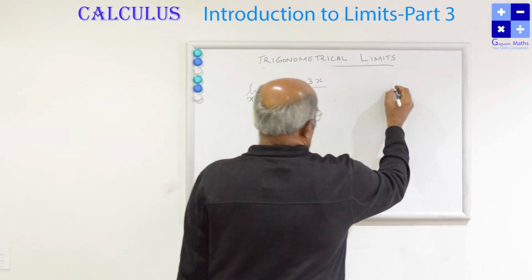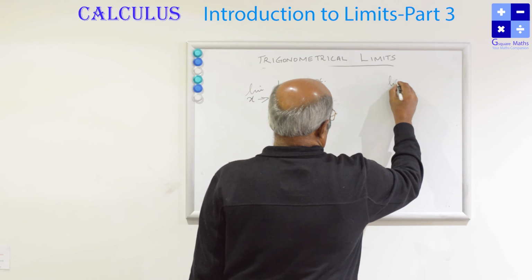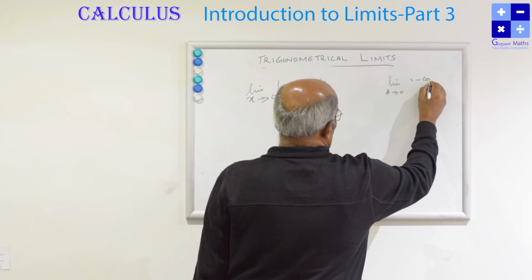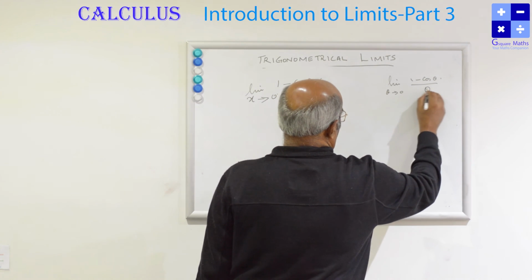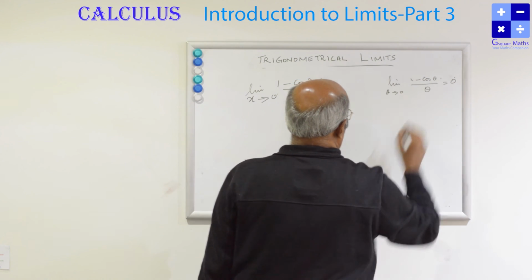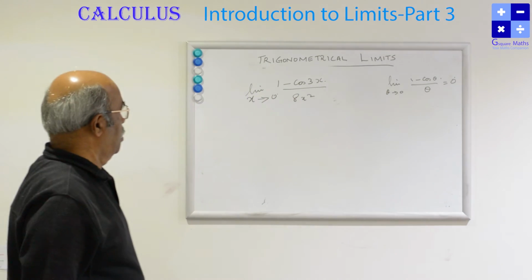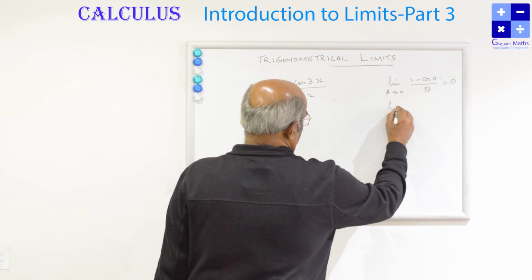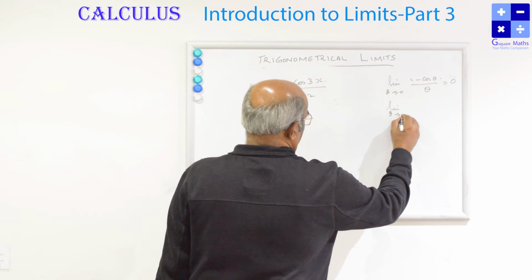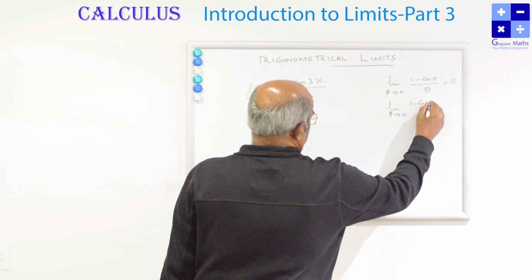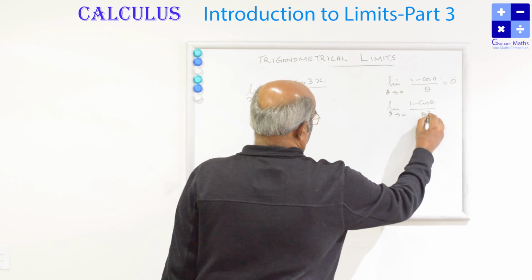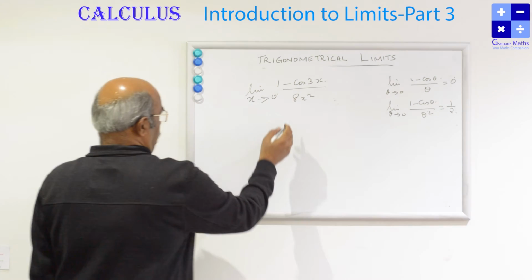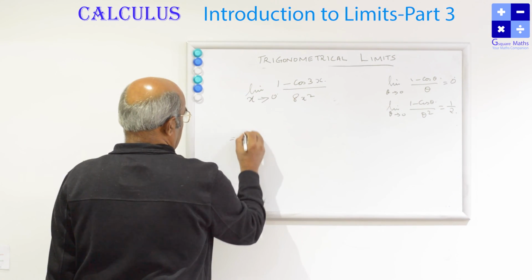So here again, we have the formulas: limit theta tends to 0, (1 minus cos theta) by theta is equal to 0, and limit theta tends to 0, (1 minus cos theta) by theta square is equal to half. As the square is here, we are going to keep it like this.